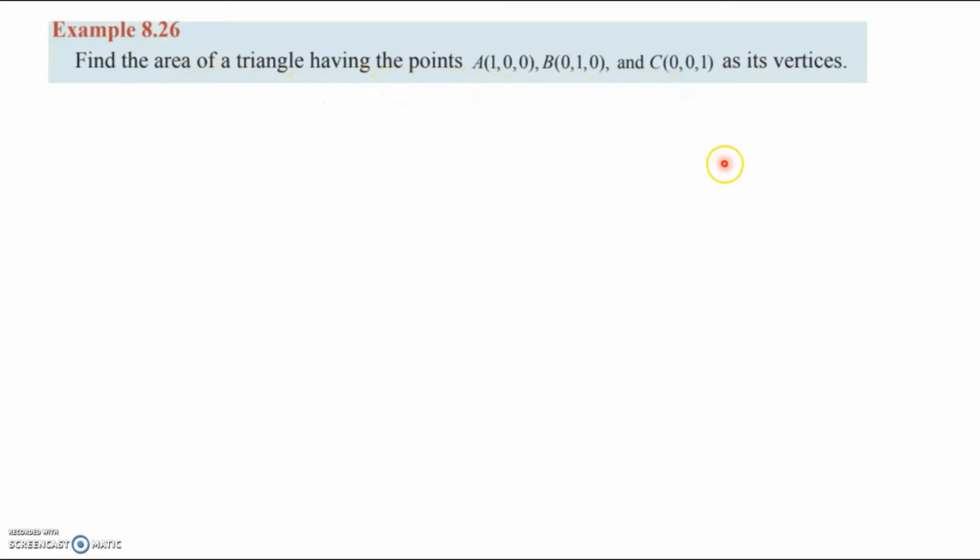Now what we can do is, since you have points A, B, and C, and of course, it's from the origin, so you can define the vector AB here, and you can define a vector AC here.